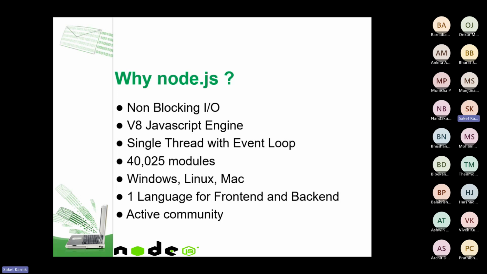It works on something called an event loop, which receives the request and puts it into the queue, and someone picks it up from there. So it provides you the fire and forget mechanism, and that's why it becomes non-blocking input output. Based on Google's V8 JavaScript engine, as I said, it's a single threaded model with the event loop coming in, which provides the queuing.